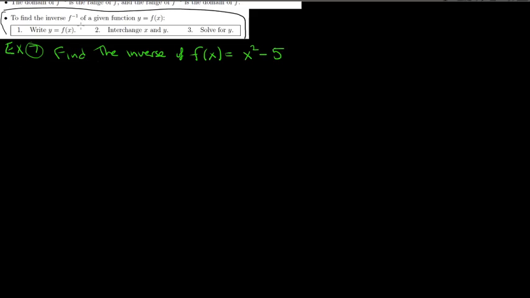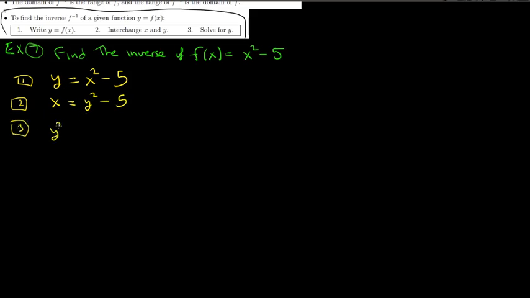So let's go through the same process here. The first step is to change f of x to y. So y equals x squared minus 5. Step 2, switch the x's and y's, or interchange them, either way. And you get x equals y squared minus 5. And step 3, solve for y.